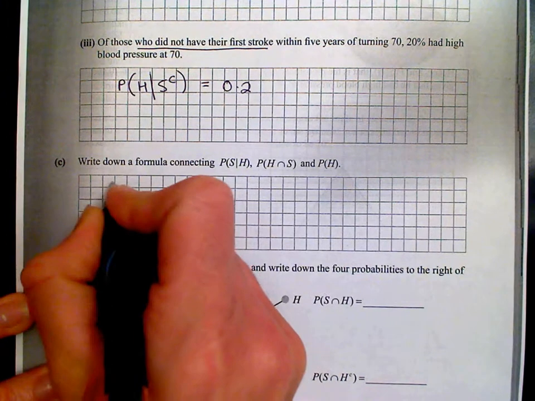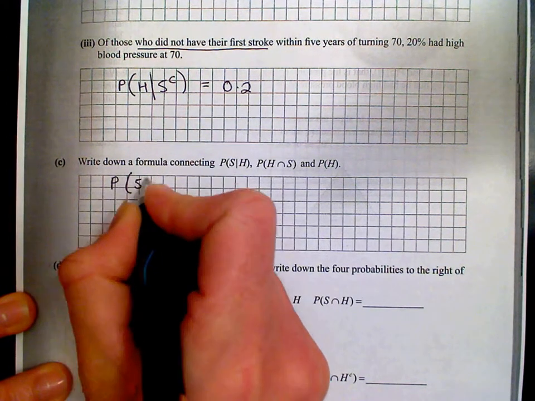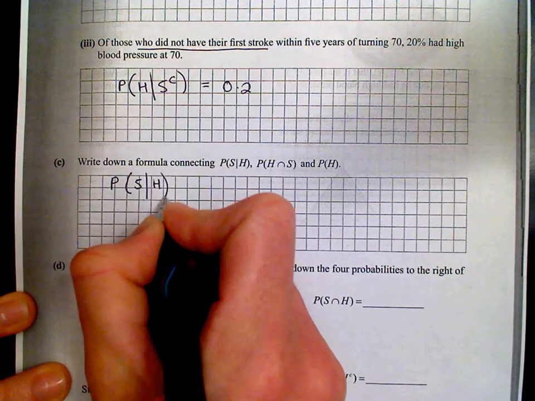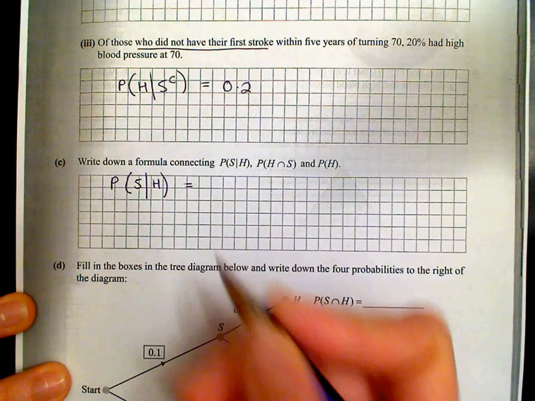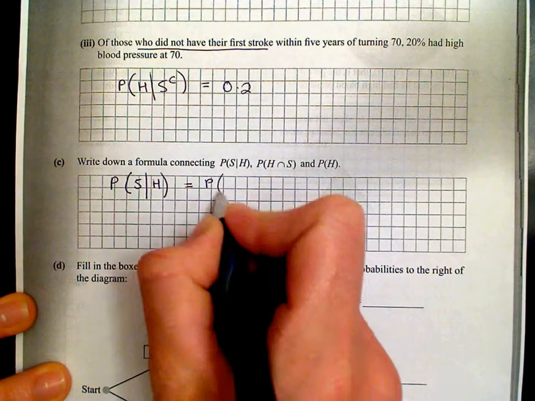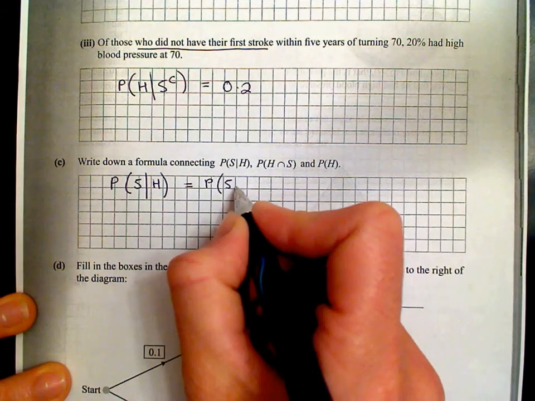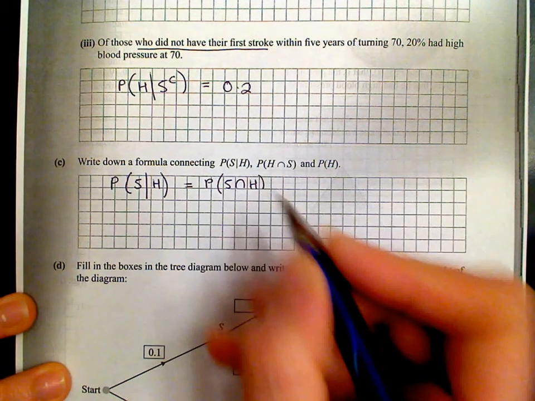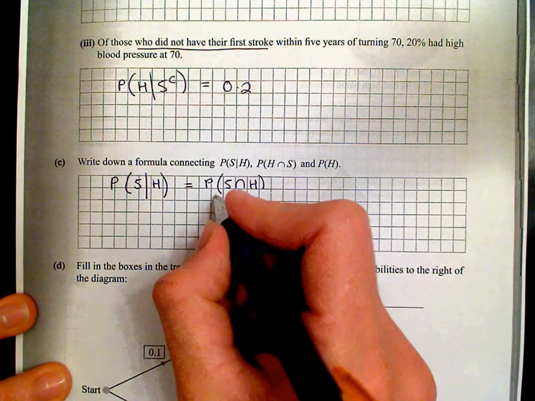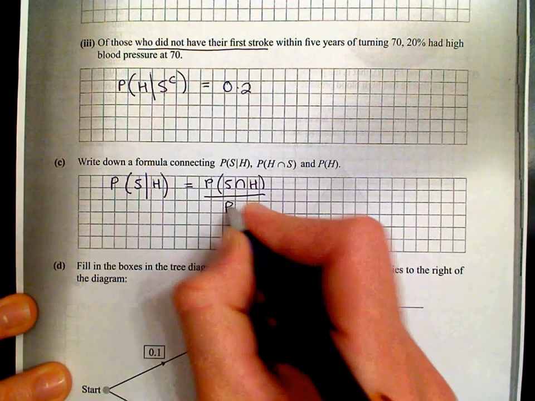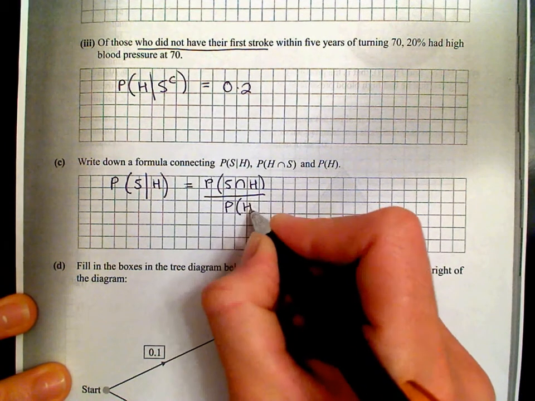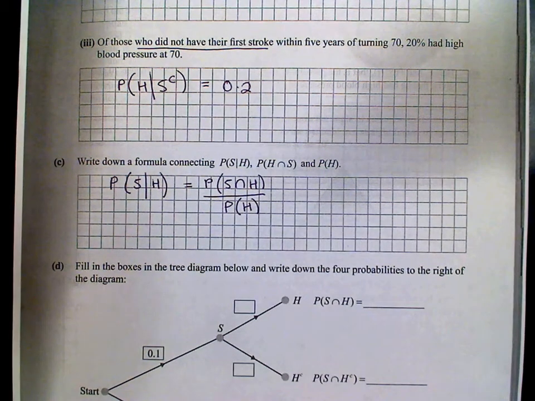We have the probability of a stroke given that they have high blood pressure. So our formula is the probability of stroke intersection high blood pressure, which is a stroke and high blood pressure, divided by the probability of what you were given. You already know that they had high blood pressure.